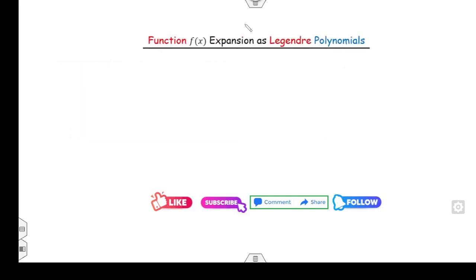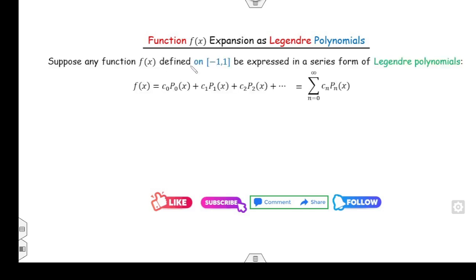Now, how can we define that? Consider any function f(x) defined on the interval -1 to 1, which can be written in the form of a linear combination of the Legendre polynomials. So my target is to find the values of the c_n's, c0, c1, c2 and so on.